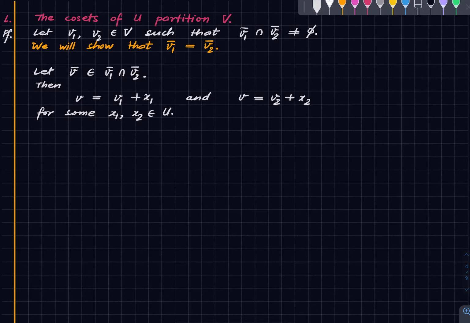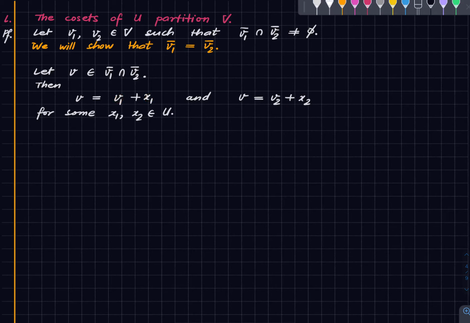Well, by definition, v bar, sorry, what have I written? This is v, I'm sorry about that. So this intersected non-trivially, so we just picked a vector in the intersection. Okay, and since v is in v1 bar, one should be able to write v as v1 plus something in U. That's the definition of v1 bar, and similarly for v2 bar.